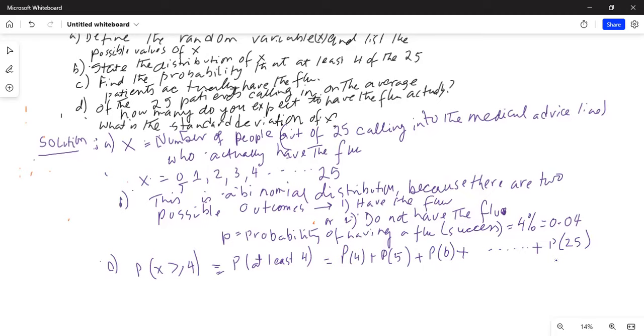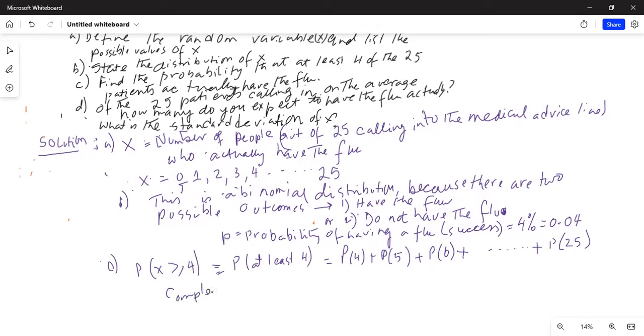So this is a long process. We have to find each probability and add them up. The other way of finding the probability of at least 4 is to think of the complement event.